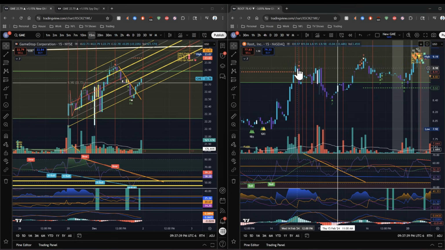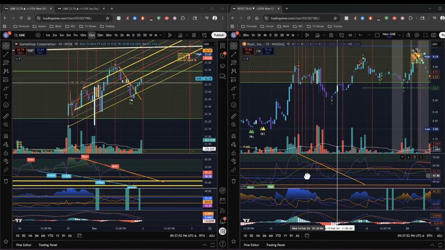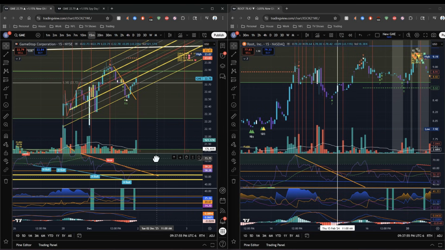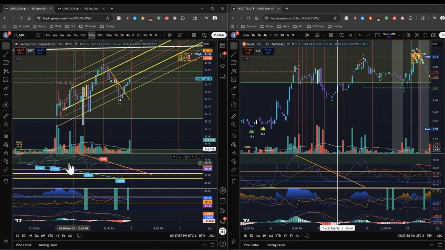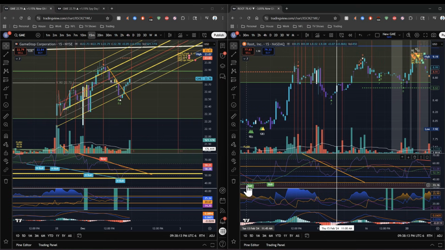I took the same fib time zone from the buying climax to the automatic reaction here as I did here. And look at comparing the RSI, right? There is an RSI channel that the 15 has been in, constantly giving multiple touches of bullish divergence, right? Going down, going up. You don't see it here, but it is here, okay? Especially when comparing these lows, it's continuation, right?